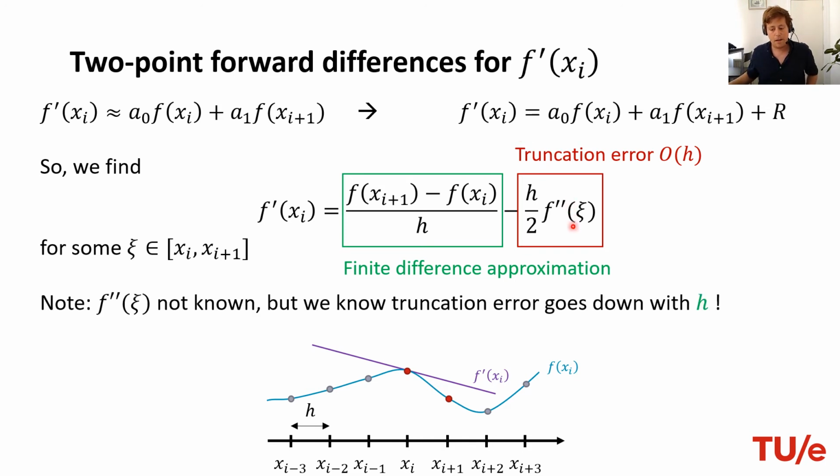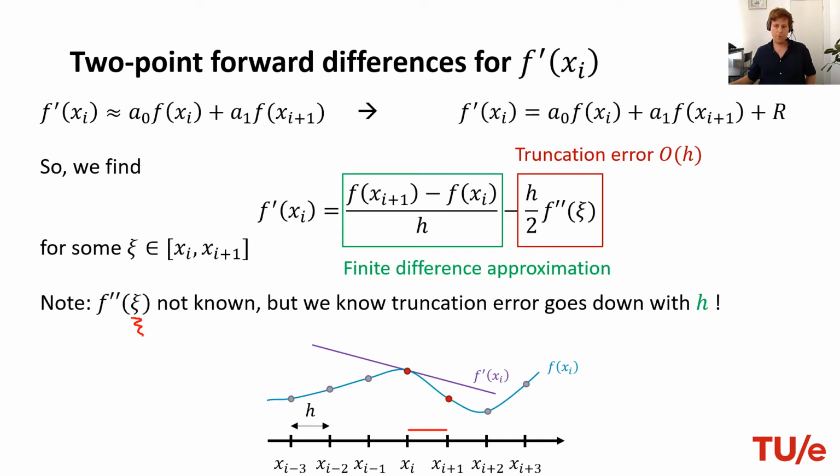Interestingly, even though we are guaranteed that there exists a xi in between xi and xi plus 1, we do not know what this xi actually is. However, we can say that at least in this figure, this function f is quite smooth.